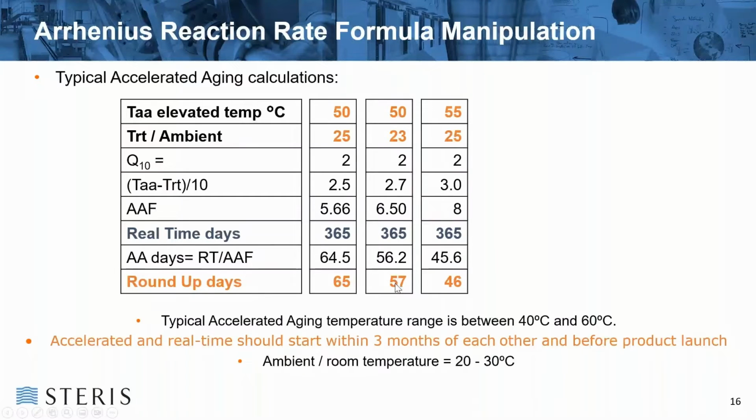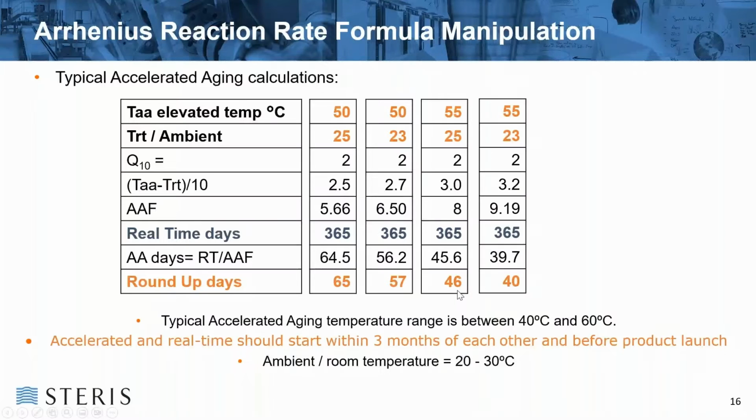And again, if you change the accelerated aging temperature up to 55 degrees, as I said earlier, with an ambient of 25, your accelerated aging factor is now 8. Again, it's gone up again, but the result of that has reduced the overall duration down to 46 days.